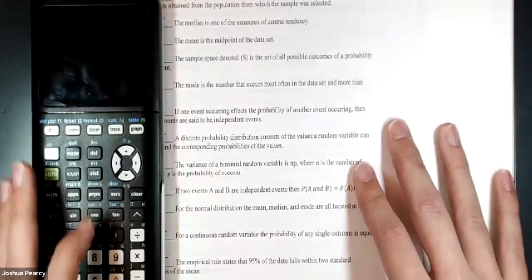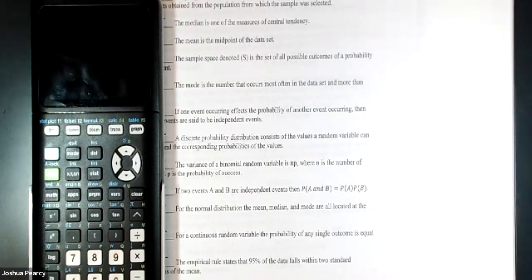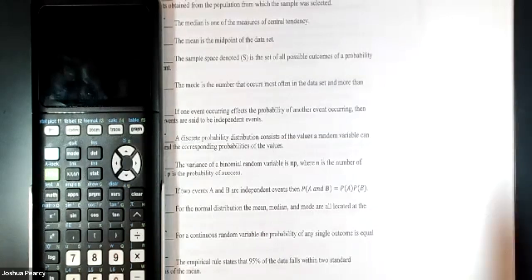Next one, the variance of a binomial random variable is np, where n is the number of trials and p is the probability of success. It's false. What is np for a binomial experiment? The mean.